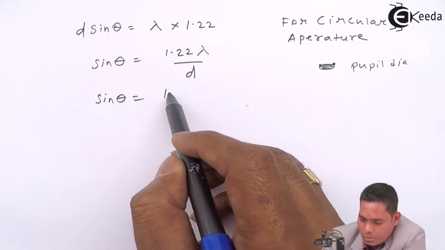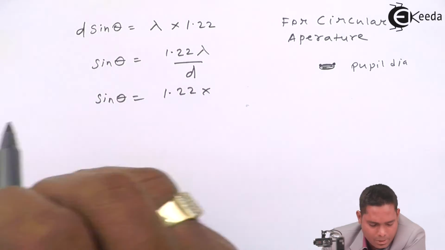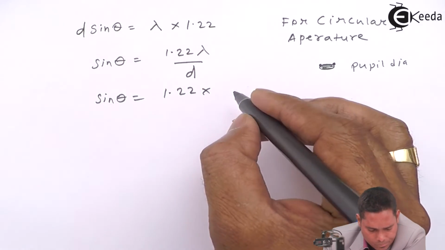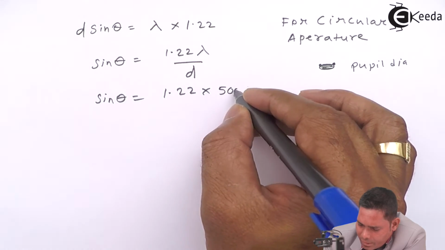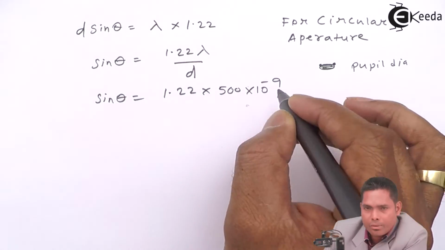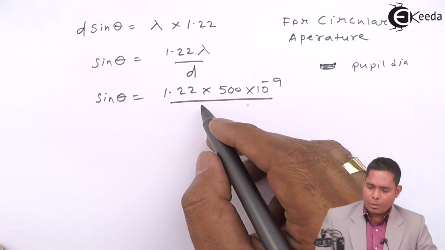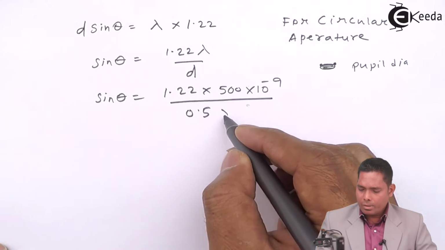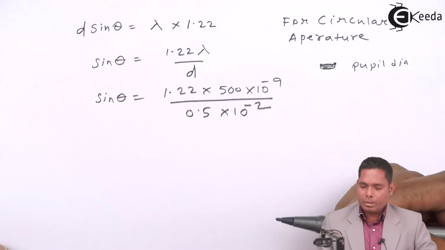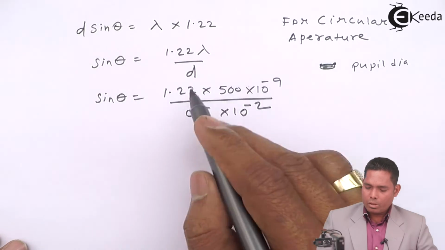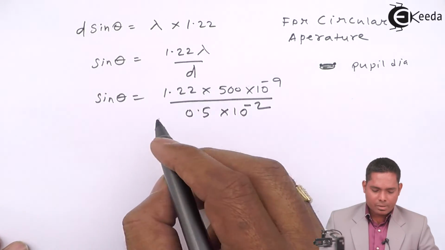If I substitute the values, it is 1.22. Lambda is 500 nanometer in the question, so it is 500 into 10 raised to minus 9, divided by d, which is 0.5 centimeter. I convert it into meter. There is no unit of this because it's sine theta, a dimensionless quantity.